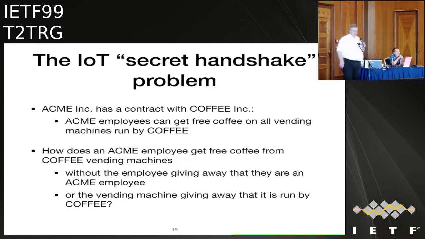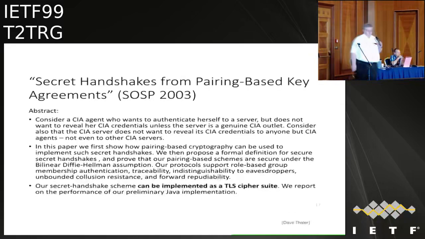After the workshop, Dave Taylor dug out a few papers about that. These are slides from Dave. So there was a seminal paper in 2003 that essentially defined the problem, of course, framed in terms of CIA agents, but even non-CIA agents occasionally want privacy. So you want two sides of a communication to authenticate to each other without giving away who they are.